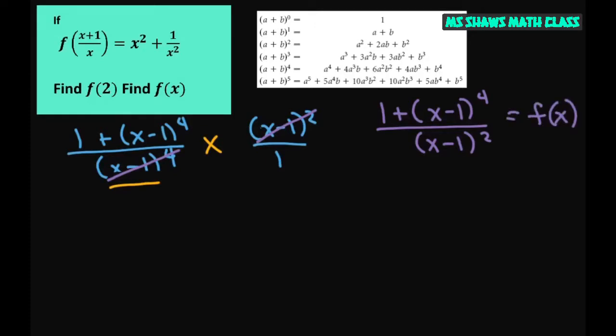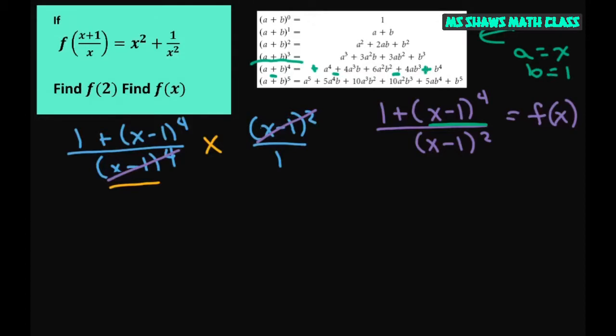Now the reason I put this up here is this is a binomial expansion to the fourth power, this part right here. We have a minus instead of a plus, so all you do is you just treat it like a plus, but when you have a minus, you make it alternate, so it's going to be plus, minus, plus, minus, plus. In our case, our A is x and our B is 1.